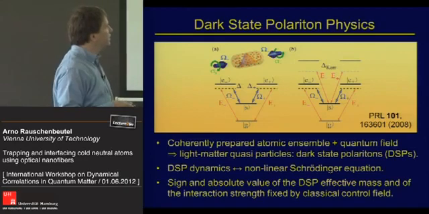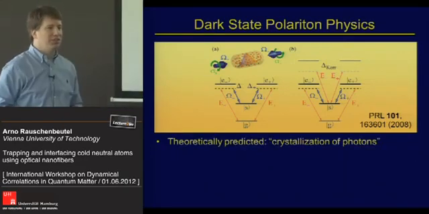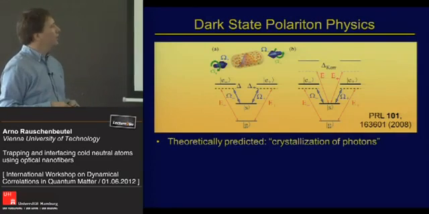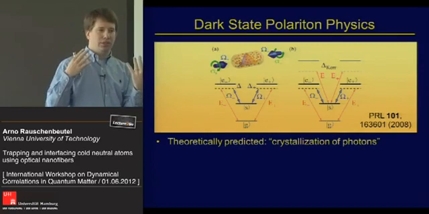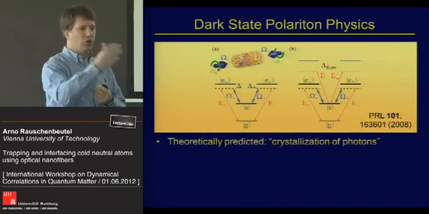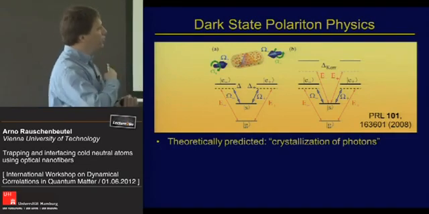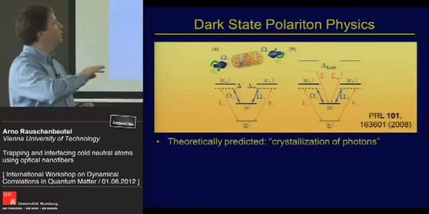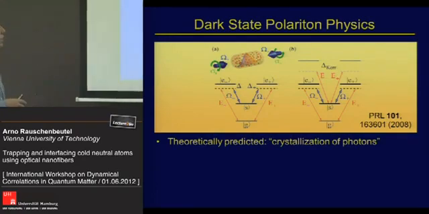And for this system in 1D, it has been predicted, Giovanna is one of the authors, that these quasi-particles can actually crystallize. So you store photons in the form of dark state polaritons, then they crystallize, and you could then transform them into photons again and map them out and see that you should have a chain of photons coming out.